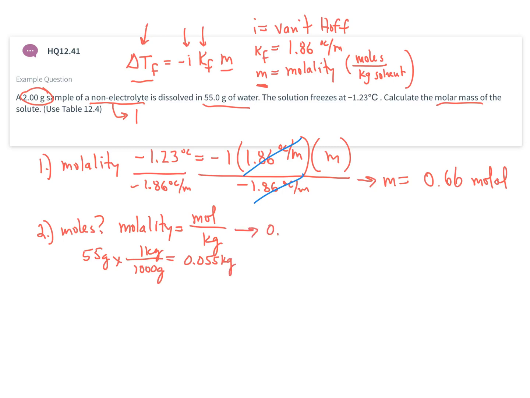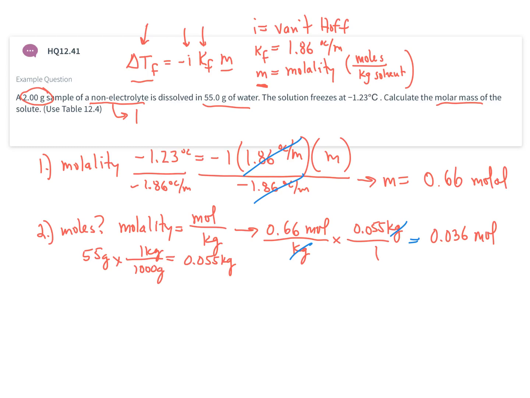So I have 0.66 moles per kilogram, and of that sample I have 0.055 kilograms of that solvent. Kilograms cancels out, and now I'm finally left with moles. So I have approximately 0.036 moles of this unknown solute.